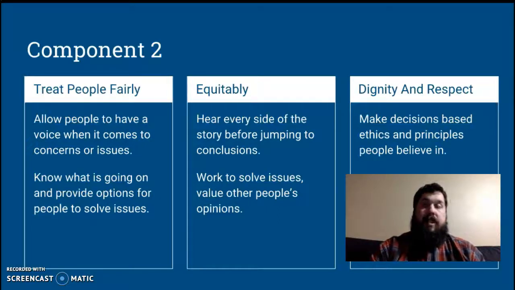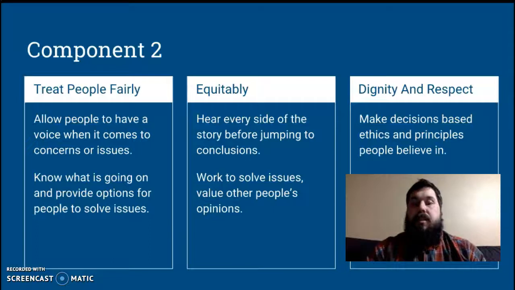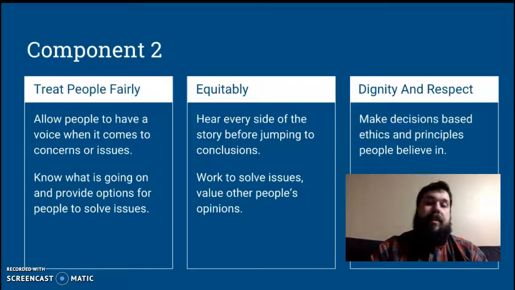You have to understand that other people are great resources to help you solve issues. So, hearing them out, they might have a solution that you didn't necessarily come up with. So, keeping them on the equal level playing field is important, and that shows also dignity and respect.